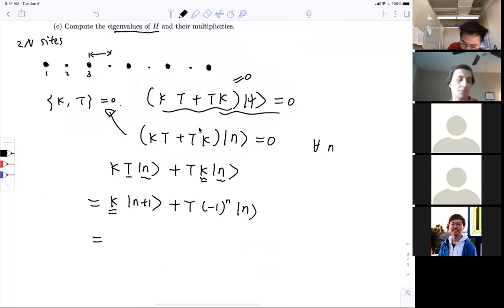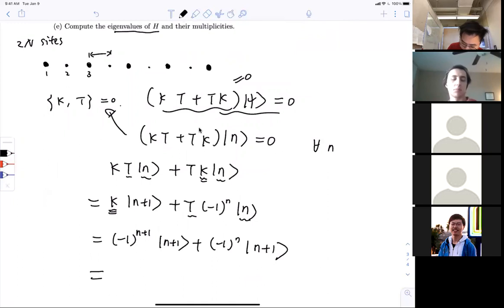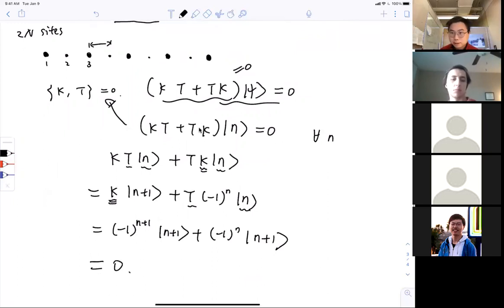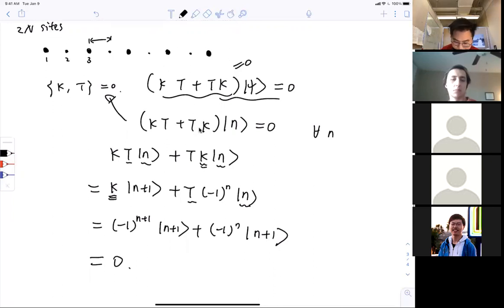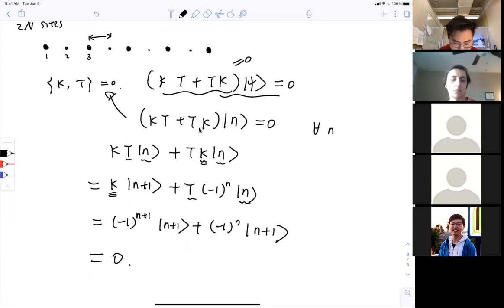And K acting on n plus 1 would give us minus 1 to the n plus 1. And TK acting on n is n plus 1 times the same factor. So the sum is 0, right? So they anti-commute. Any question about this part?